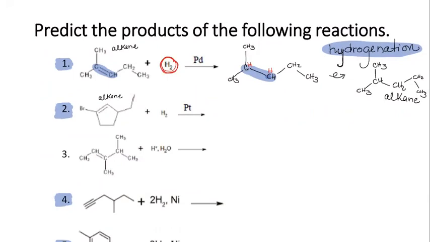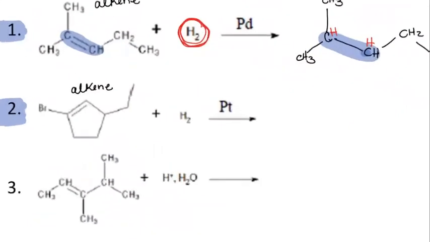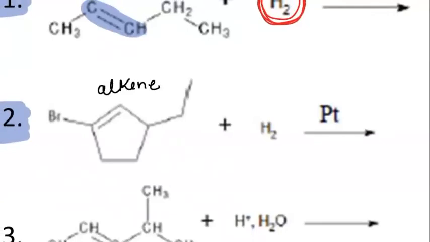Questions about number 1? Then let's move on to number 2. We also have an alkene. This is a haloalkene because you see that we have bromine. So how am I going to identify the molecule that is the product of specifically this reaction?